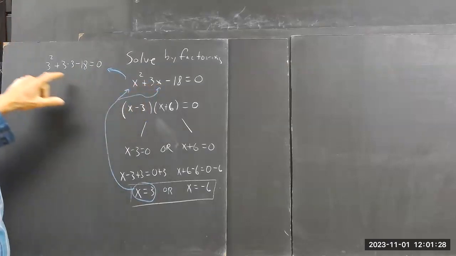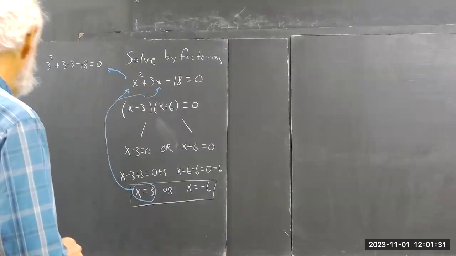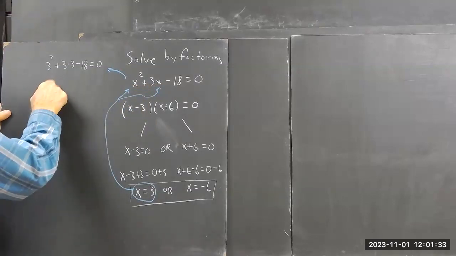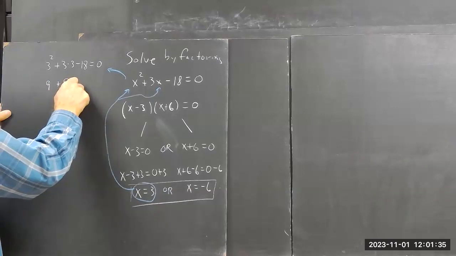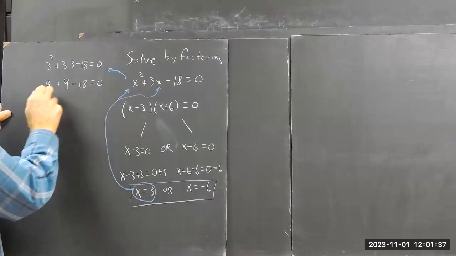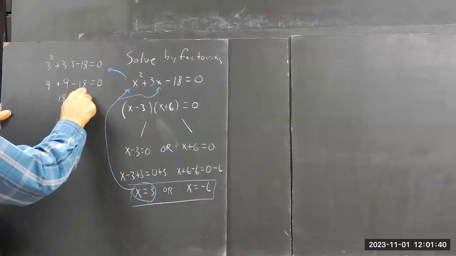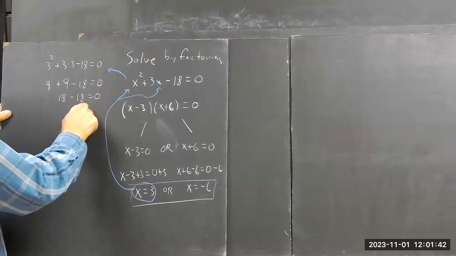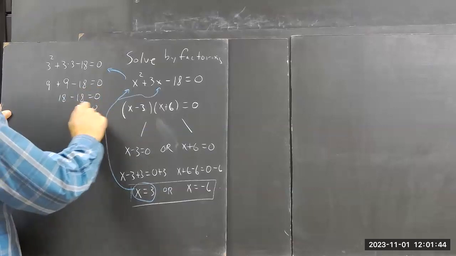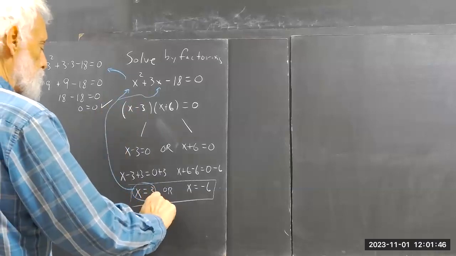Each of these x's has been replaced by 3. We square 3, we get 9. 3 times 3 is 9, minus 18 equals 0. 9 and 9 is 18. So we get 0 equals 0. And this checks this solution.